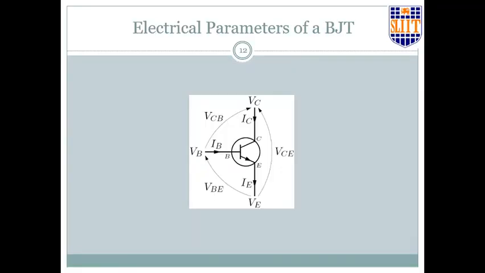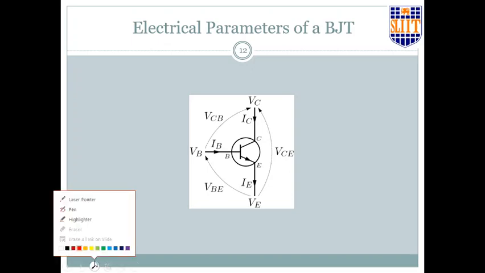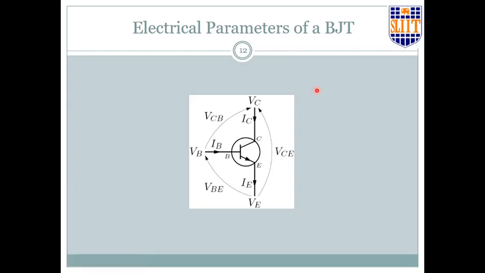Then the voltages and currents. With respect to the ground of the circuit, the voltage of the collector is VC, the voltage of the emitter is VE, and the voltage of the base is VB. Then we know the voltage of point A with respect to B is VAB.